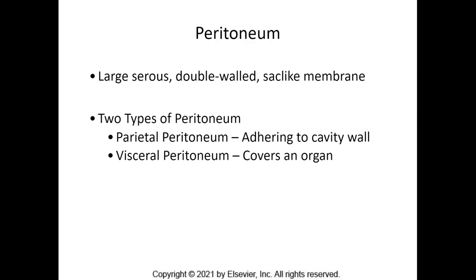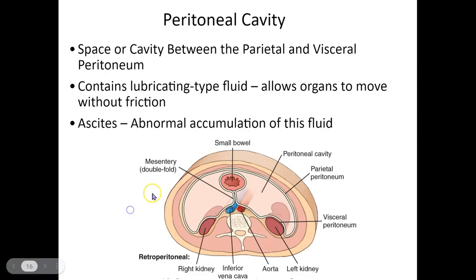So let's just reiterate. The peritoneum is a membrane that covers structures in the abdominal cavity. There are 2 types of peritoneum: parietal, which covers the abdominal cavity wall, and visceral, which covers an organ. Okay, so we have 2 membranes, parietal and visceral.